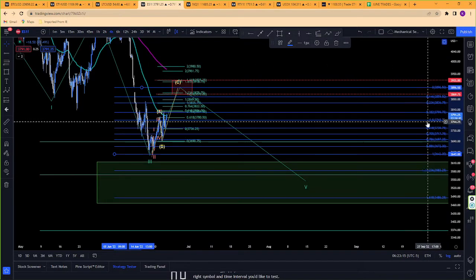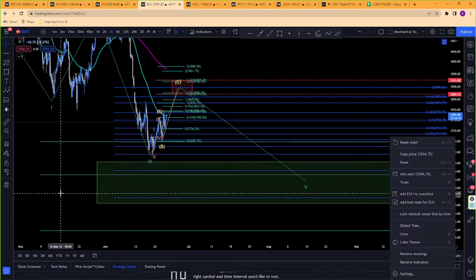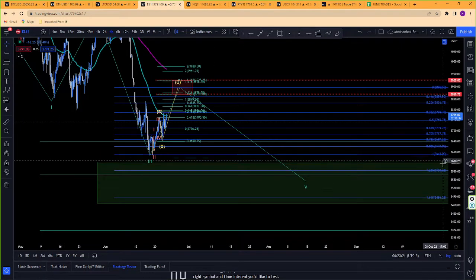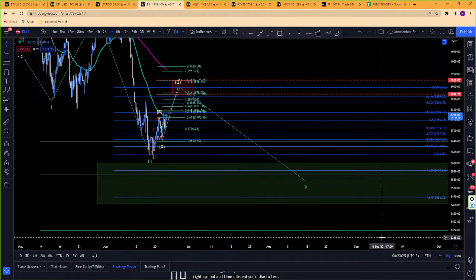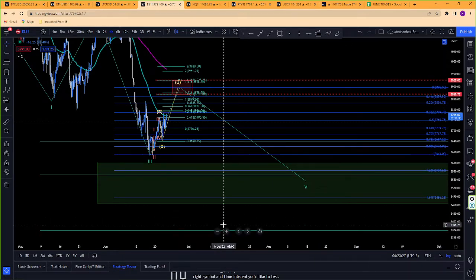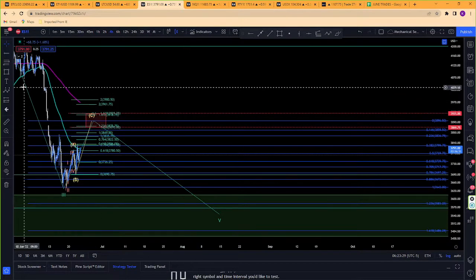Taking 25% of the position here, and then we are going to close out the rest of the position at the 1.236, which is 35.83. So that's the official ES short call.